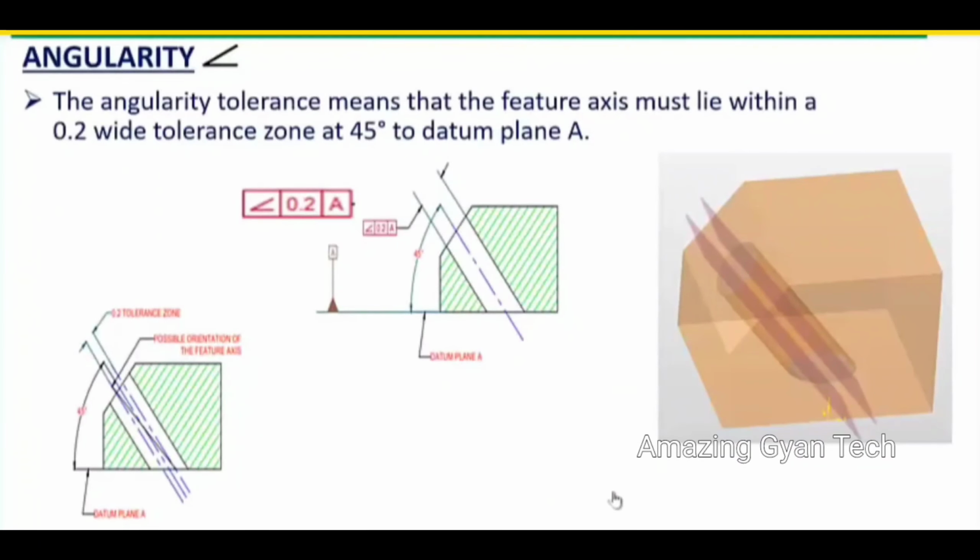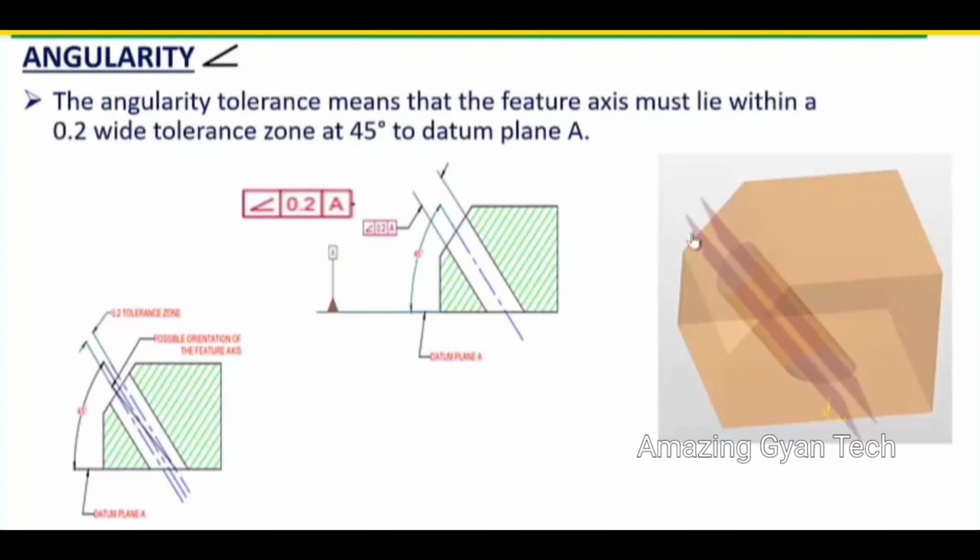In this figure, the angularity says the following. The feature we have selected is a hole. The hole's axis should lie within a wide tolerance zone of 0.2 at an angle of 45 degrees with respect to datum A. Here datum A is the bottom feature. The angle between datum A and the axis of this inclined hole should lie within a wide tolerance zone.